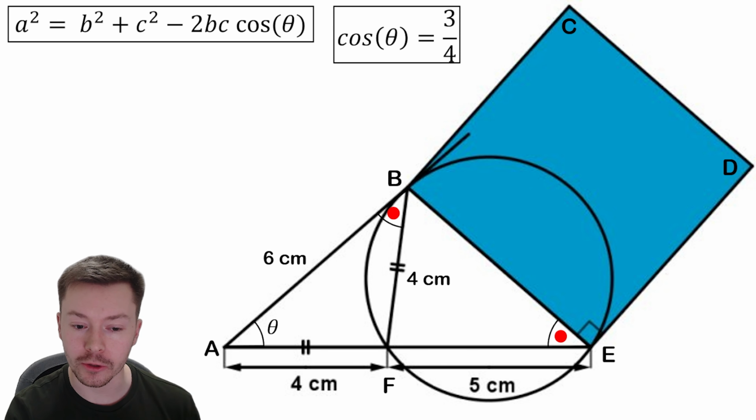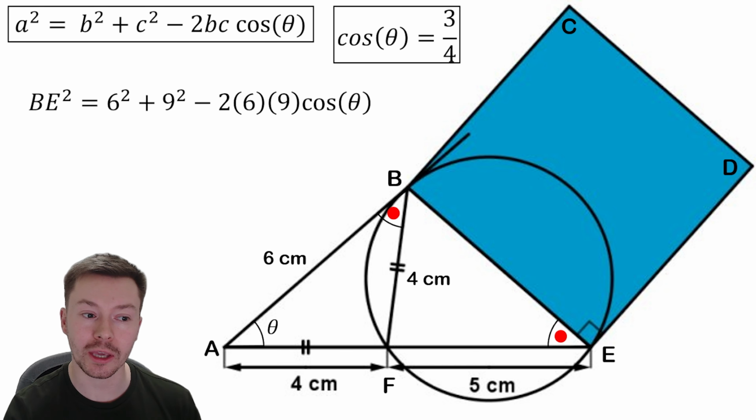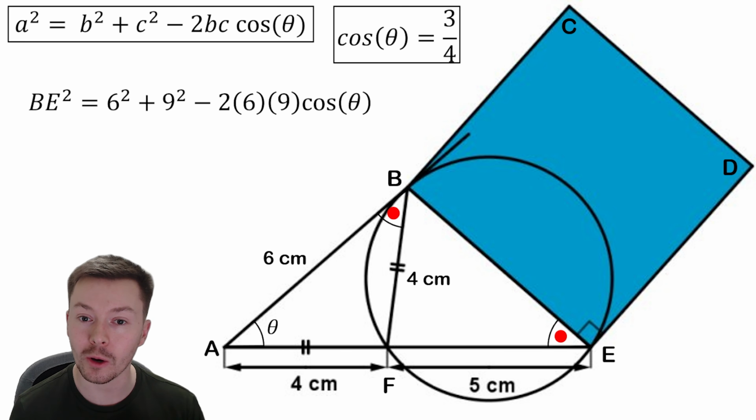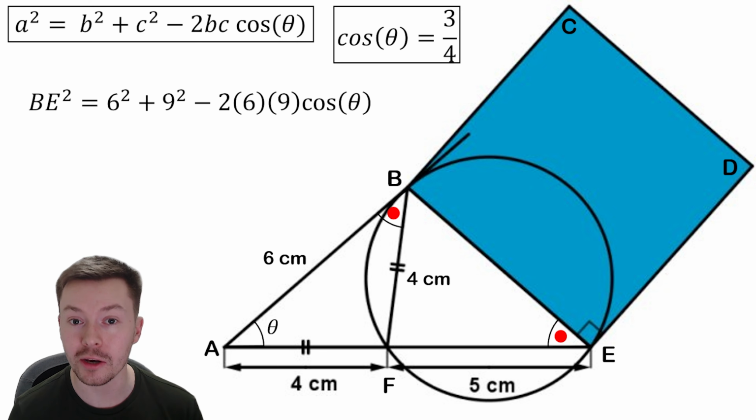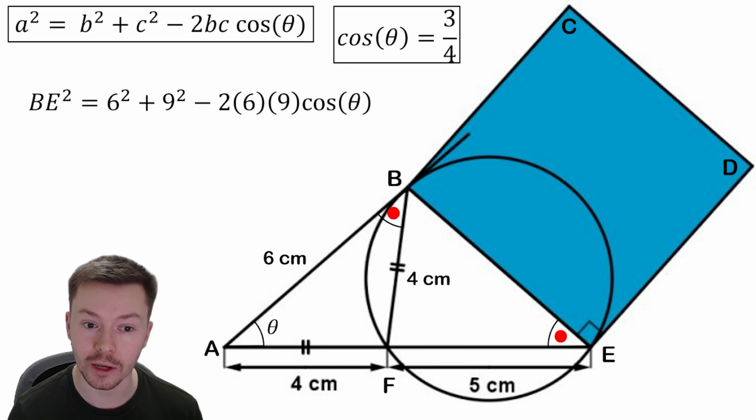And now I'm going to be looking at my bigger triangle ABE, and I'm going to work out BE squared, and I'm going to again use the cosine rule for that. So BE squared is equal to 6 squared plus 9 squared minus 2 lots of 6 times 9 times cos theta again.